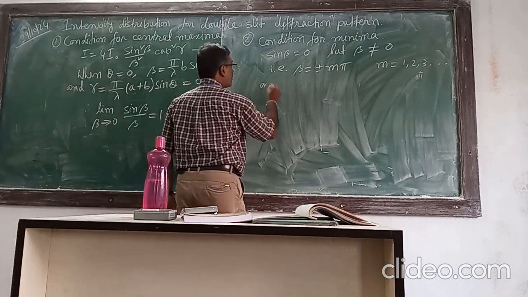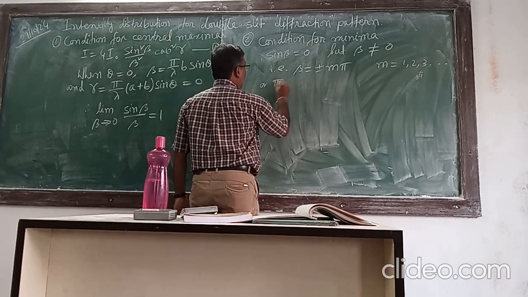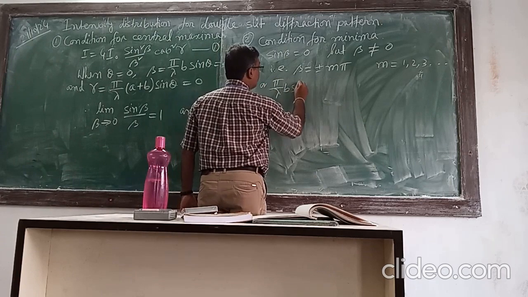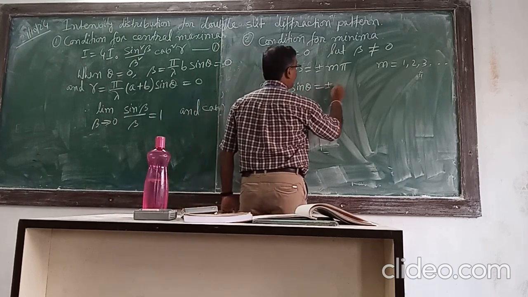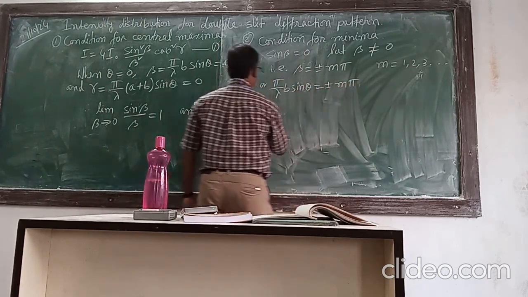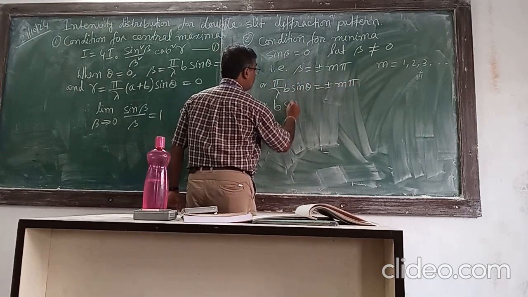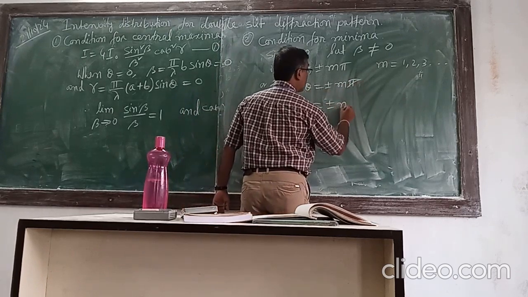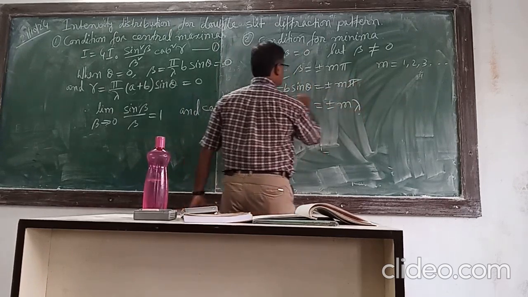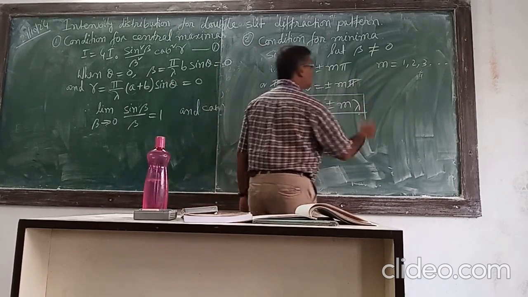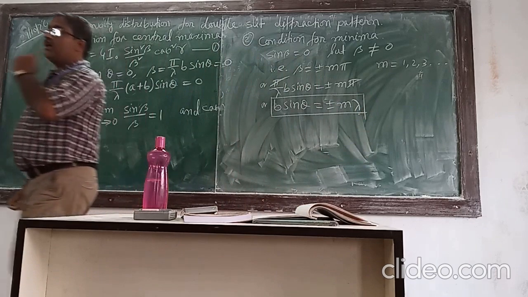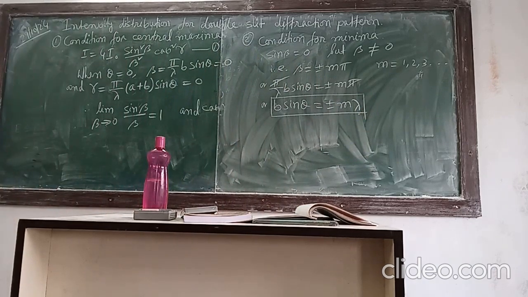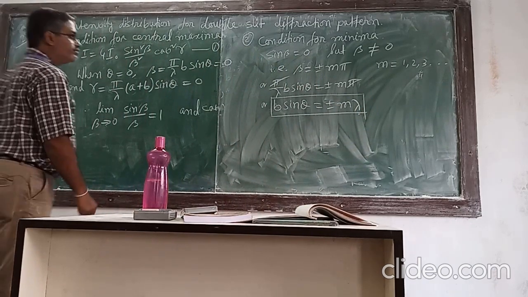Pi by lambda b sin theta equals plus minus m pi, or b sin theta equals plus minus m lambda. So this is the condition for diffraction minima.